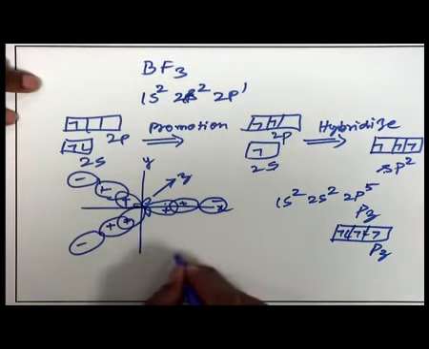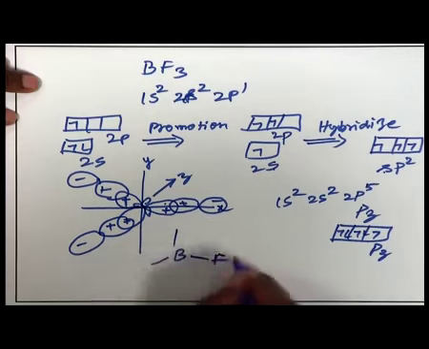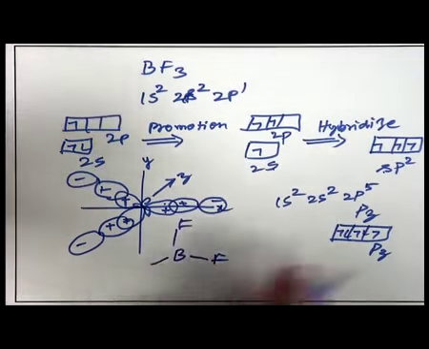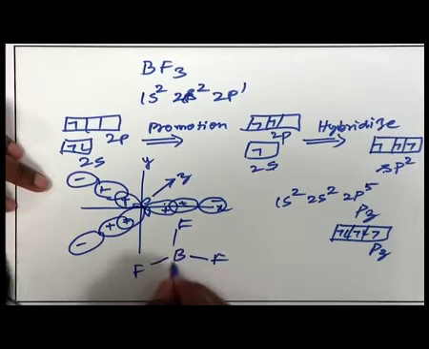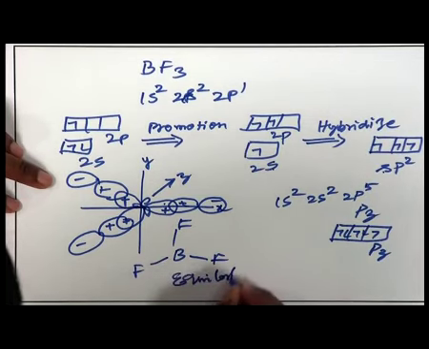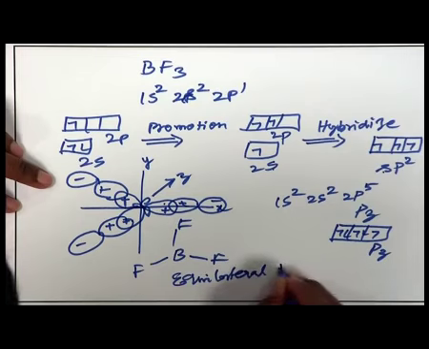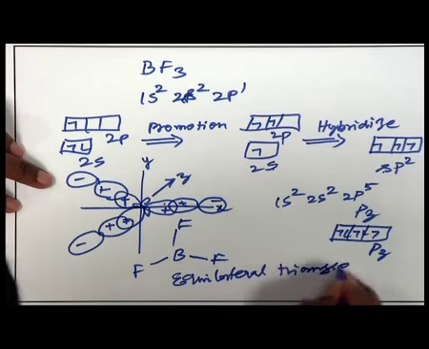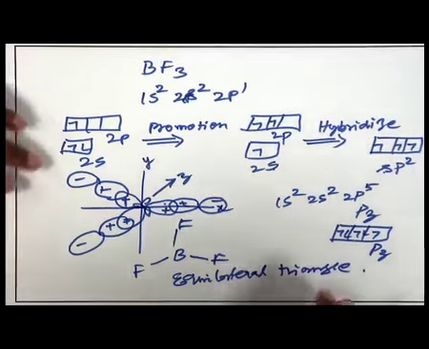So this is boron, trigonal, with a planar geometry; the shape of the molecule is an equilateral triangle. That's how bond formation happens.